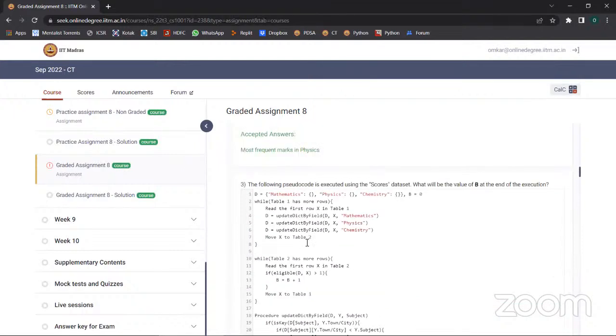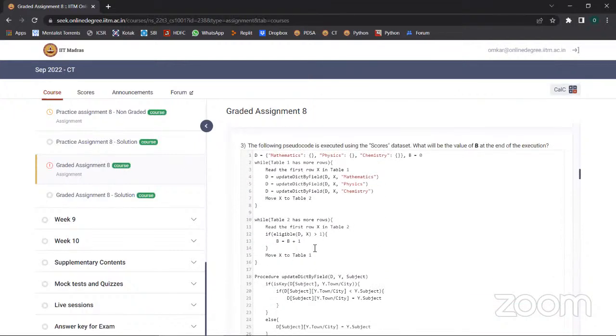So what is happening is at some point, this current student X may not be the topper, but as we are iterating on all students, definitely at some point of time, the value of X will be the topper for that city. Yeah, I understood. Correct. So C will have some value, anything between 1 and 3: 1, 2, or 3.